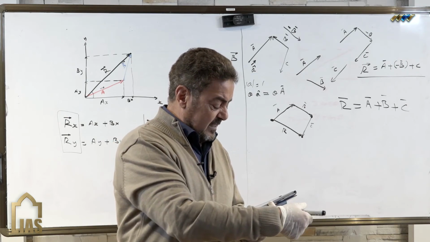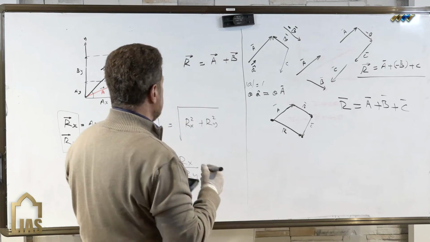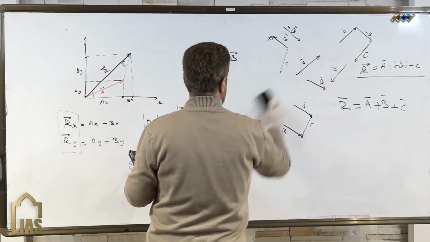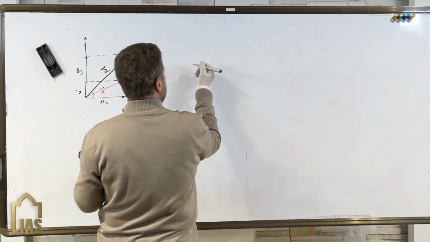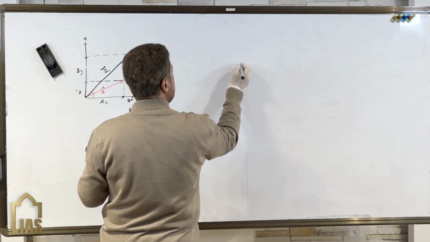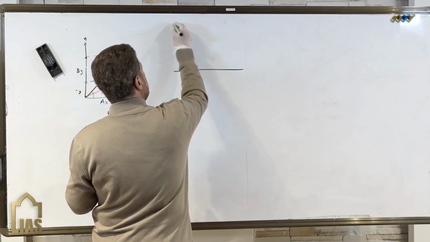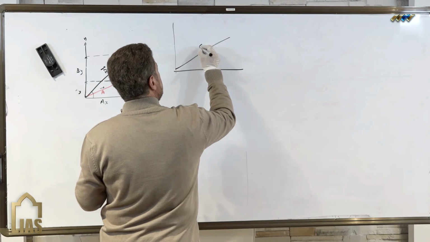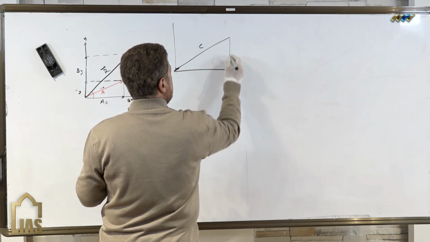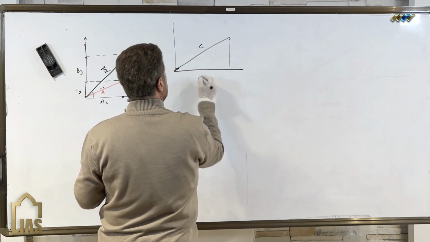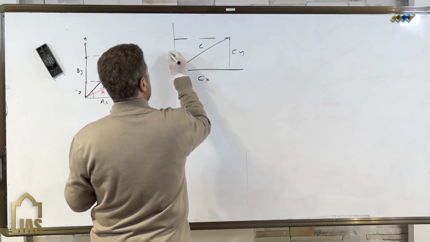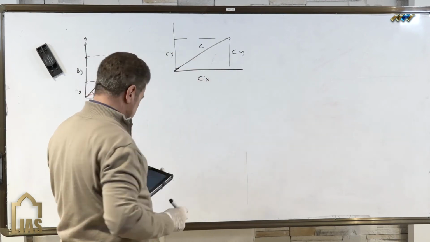And they represent like Cx, so we have to take this off. This is C here. Now it has Cx and it has Cy, the same.